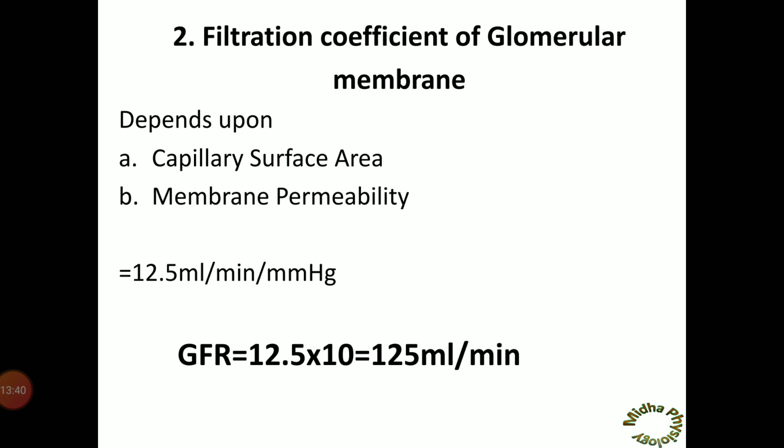And when you look at its determinants, you see that instead of the effective filtration pressure, which is exerting 10 millimeter of mercury, the filtration coefficient, whose value is 12.5, is determining the filtration of the blood more than the effective filtration pressure.